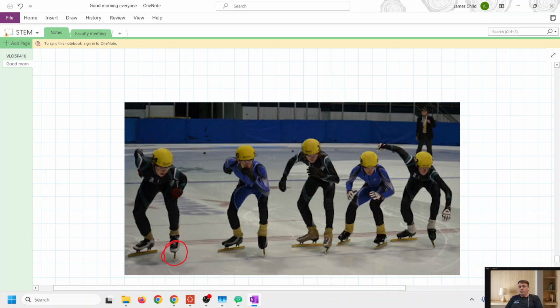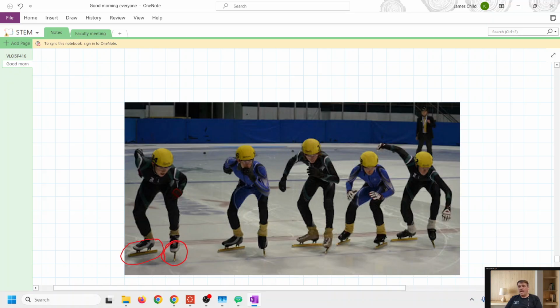But this skate is at a 90-degree angle, and the edge is cutting into the ice. So this is going to have a lot of friction because that edge is going to cut the ice.